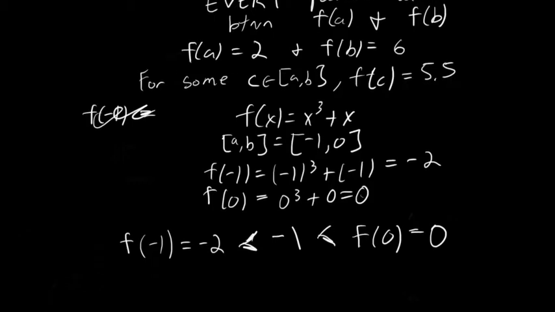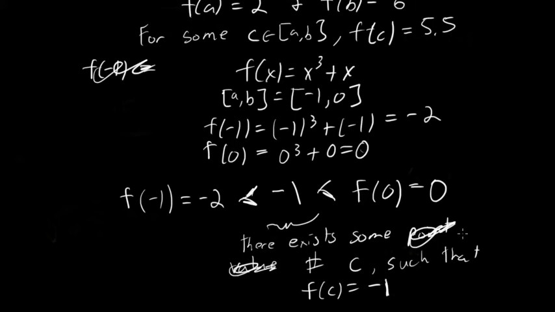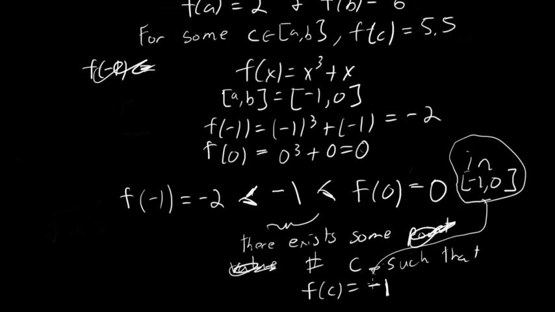So we know by the intermediate value theorem that there exists some number c in the interval -1, 0 such that f of c is -1.